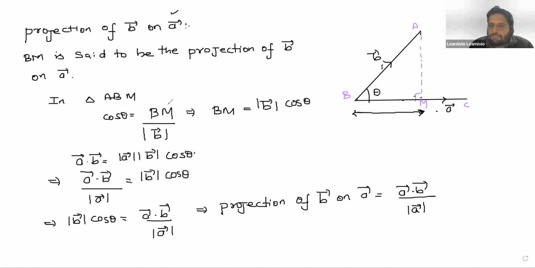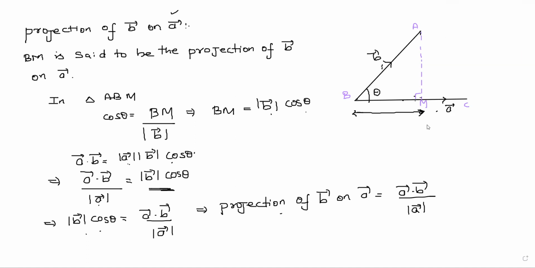The base is BM, and the hypotenuse is AB, which is the magnitude of B. So BM is magnitude of B into cos theta. From the dot product, A dot B is equal to magnitude of A, magnitude of B into cos theta. Shift the magnitude of A to the left side and you get this, and this is nothing but BM. What is BM? It is the projection of B on A. Is it clear for now?